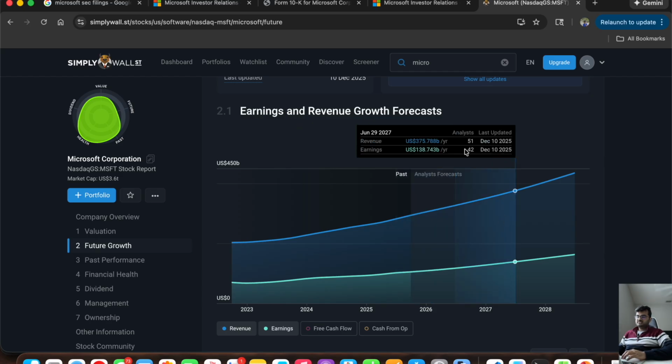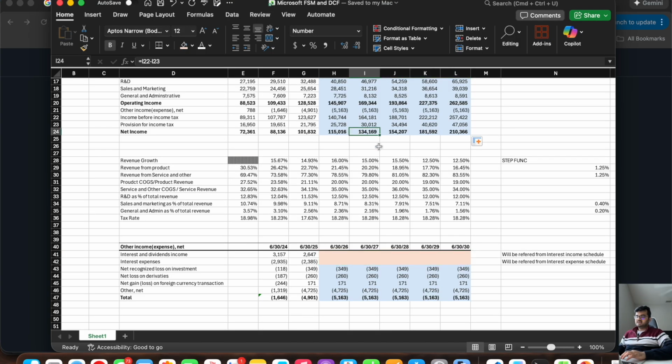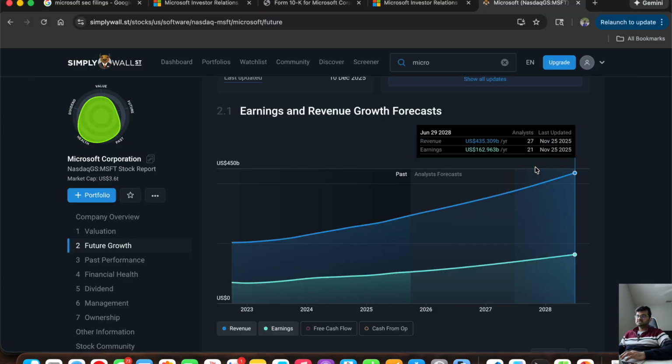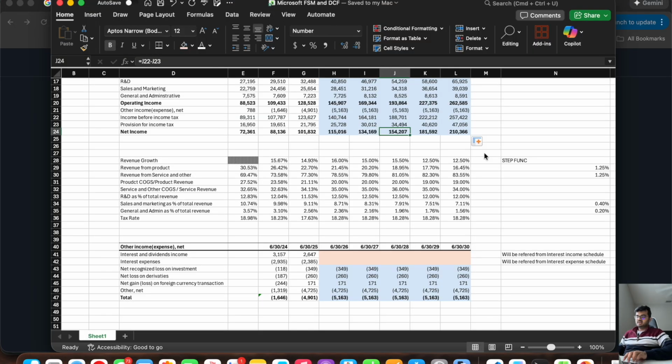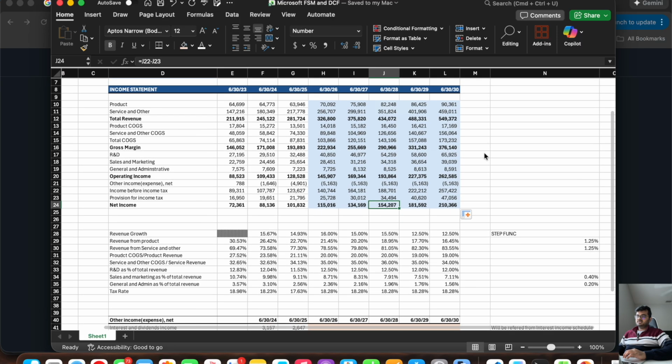Then for the next year, 2027, net income is $138 billion. Ours is $134 billion. That's fine. Then for 2028, it is $162 billion. Our number is only $154 billion. Indeed, it's on the lower end, but I wouldn't mind considering it on the lower end because I will stick to my numbers.